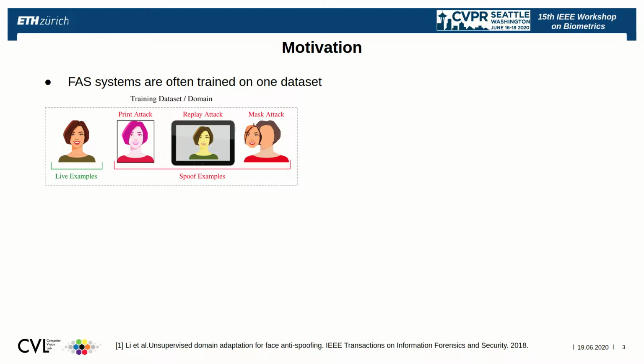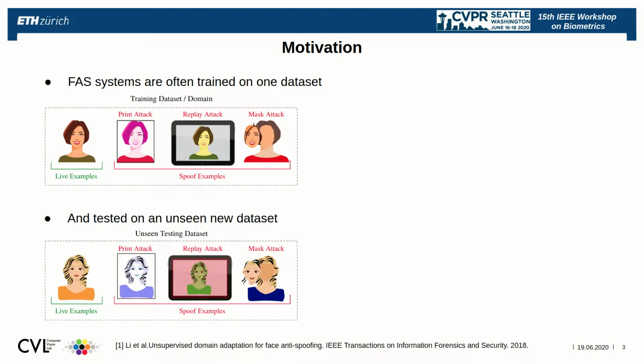In practice, face anti-spoofing systems often suffer from inherent domain shift problem, which occurs when the system is trained on one dataset called the source domain and tested on an unseen dataset called the target domain.